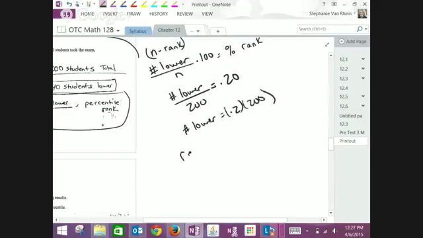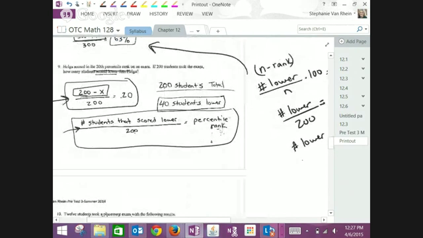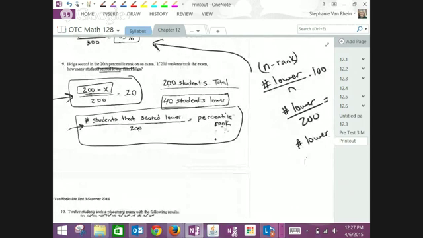Her rank would be N minus this number, so 200 minus that number, because N is 200. If it was out of 500 students, the process would be the same. It's just going to be divided by 500. So there's going to be more students lower than her, but she's at the same percentile rank.